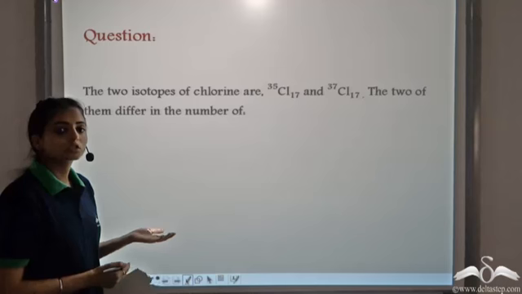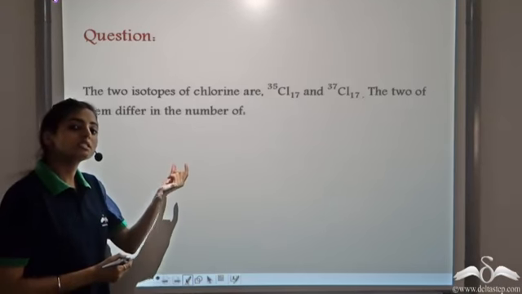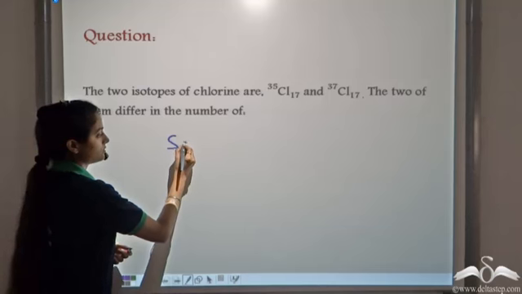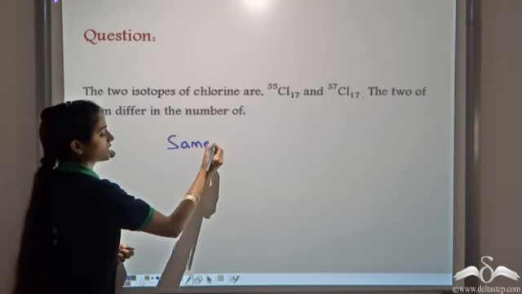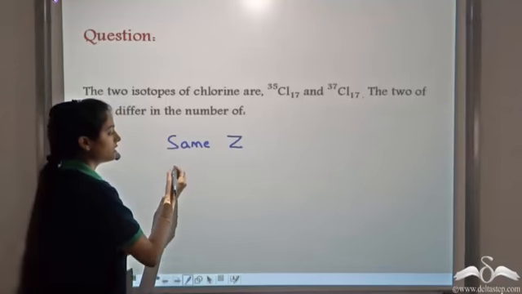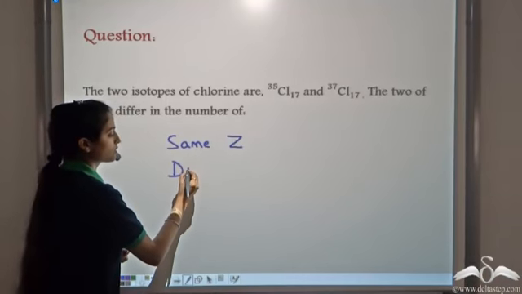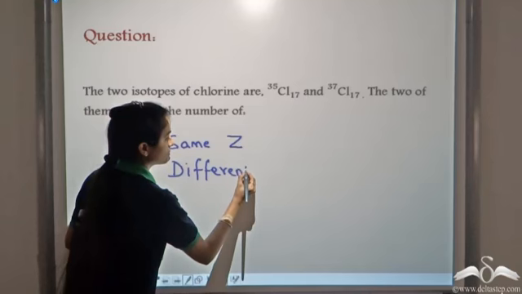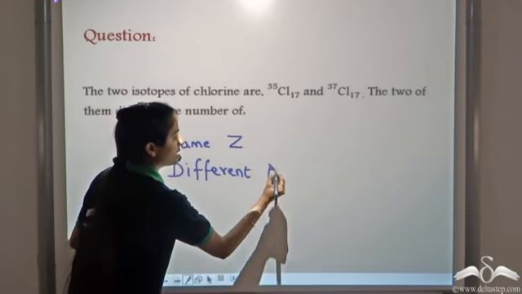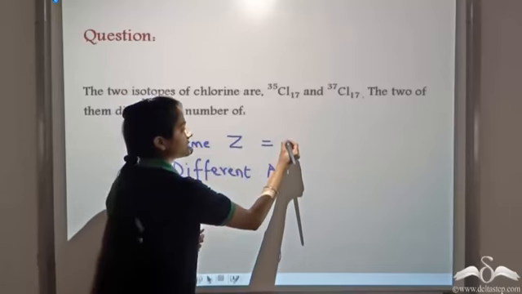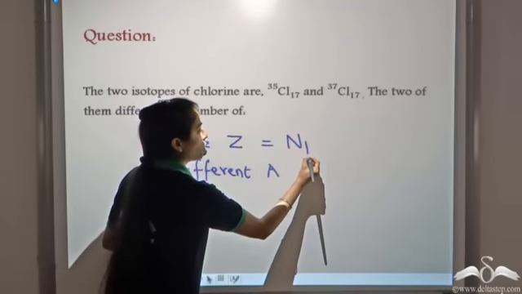We know isotopes are the atoms of the same element having the same atomic number, denoted by Z, but they have different mass numbers. Mass number is denoted by A. So this atomic number is equal to the number of protons.